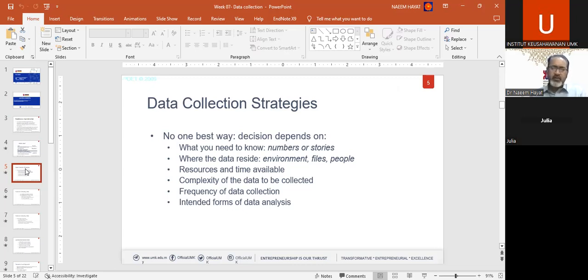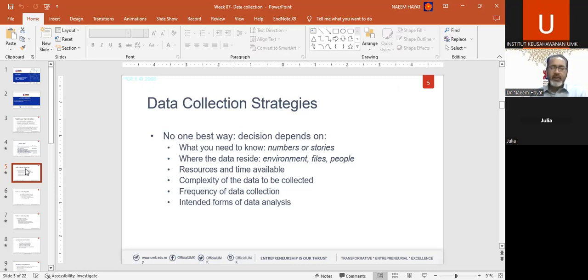It depends on the resources at the time, but the normal strategy for data collection is a single source, single time data collection. I mean, one source from where we are collecting the data, and one time we are collecting data. Many people understand it's a cross-sectional kind of study, where with one source and one time we are able to connect with the data source to collect the data.